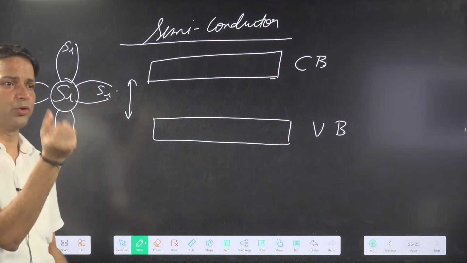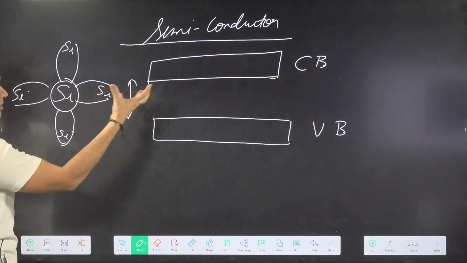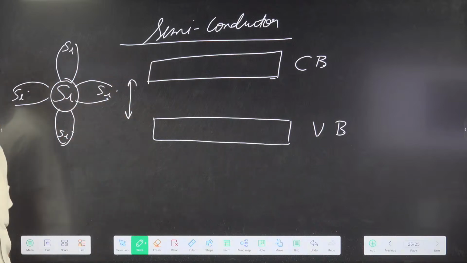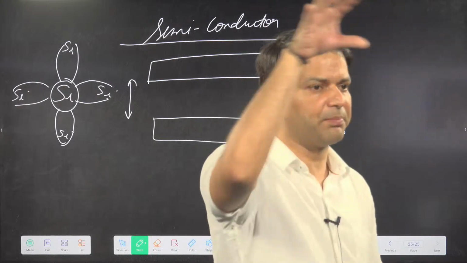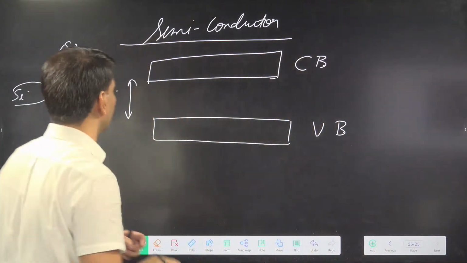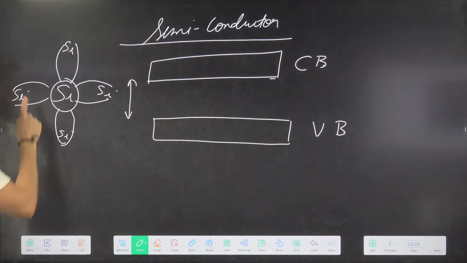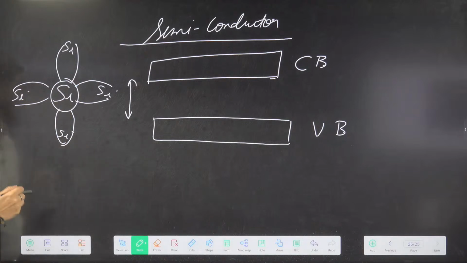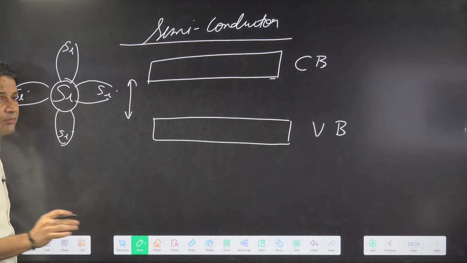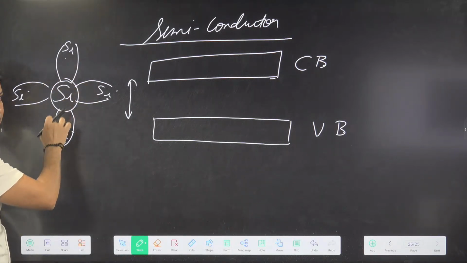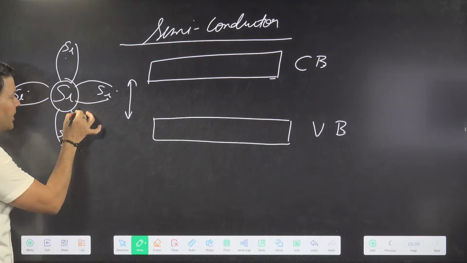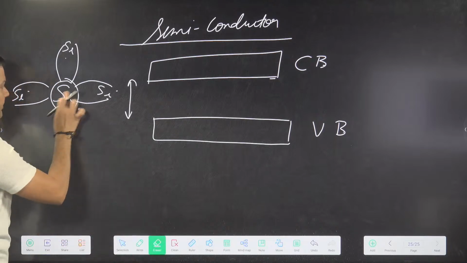Now when we put in the pentavalent impurity, that impurity will replace a silicon atom, occupy its place, and make covalent bonds with the nearby atoms. Pentavalent means its outer shell has 5 electrons. 4 electrons make covalent bonds with the nearby 4, but 1 electron will not be involved in the bonding.